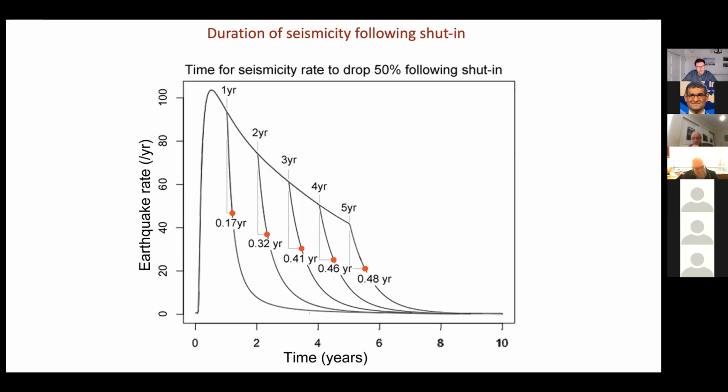The interesting thing is that when we upscale the model to larger dimensions, this characteristic sliding distance, d sub c, drops out of the equations. So it does not enter.